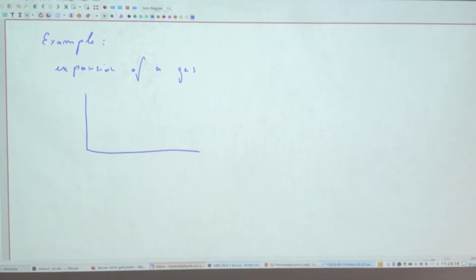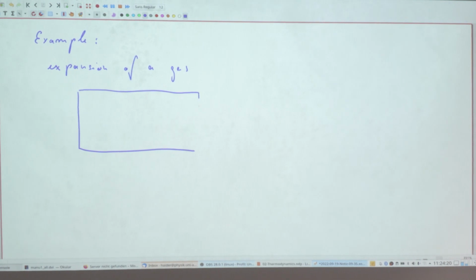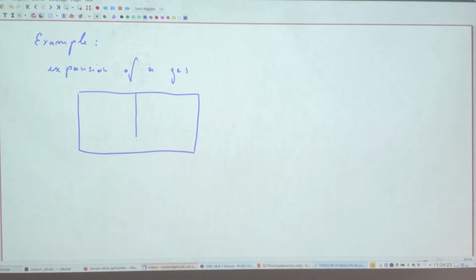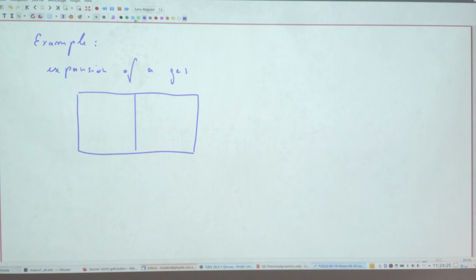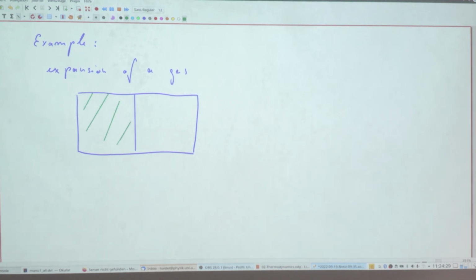A more instructive example is if we look at the expansion of a gas. We first put it into one half of this container, and the other half is empty.